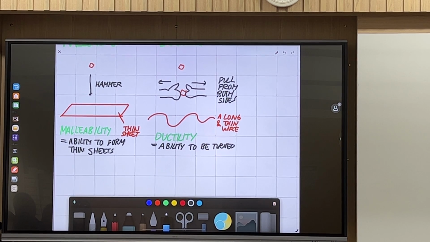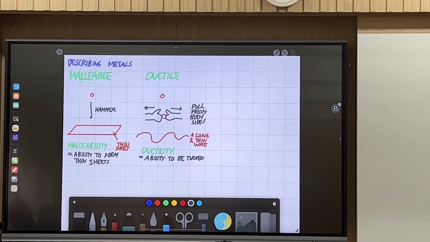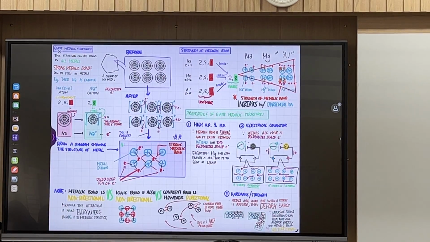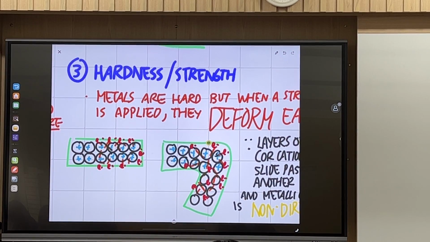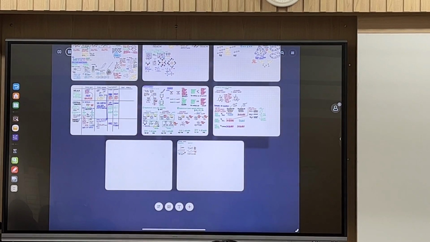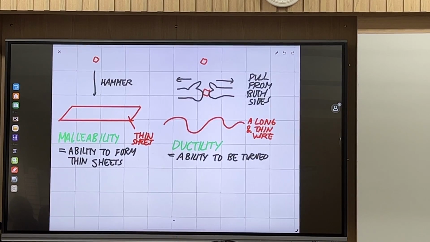I mean, if you try to do this to wood, it will break. The wood cannot be deformed into very long, thin shapes, or thin sheets. But metal has both of these properties, thanks to the non-directional nature of metallic bond. The non-directional nature of metallic bond allows the structure to deform to a great extent without breaking. So this is why thin foil is possible. Long and thin wire is also possible.